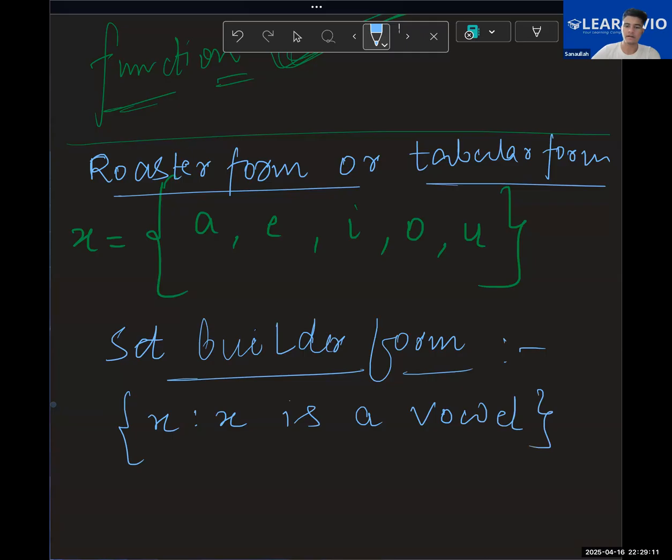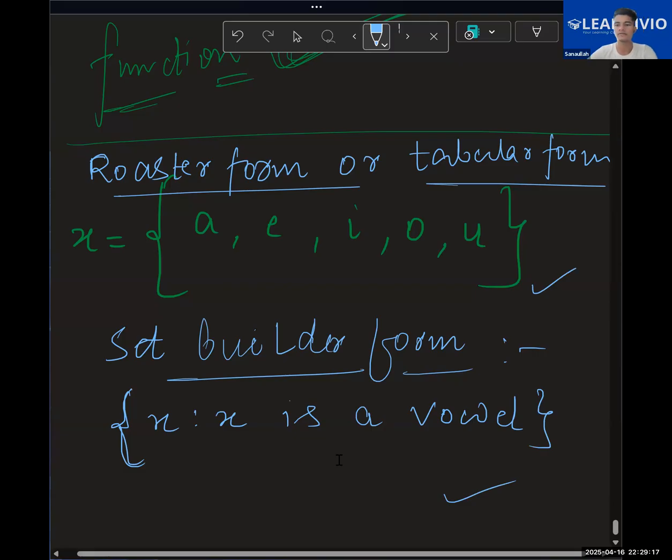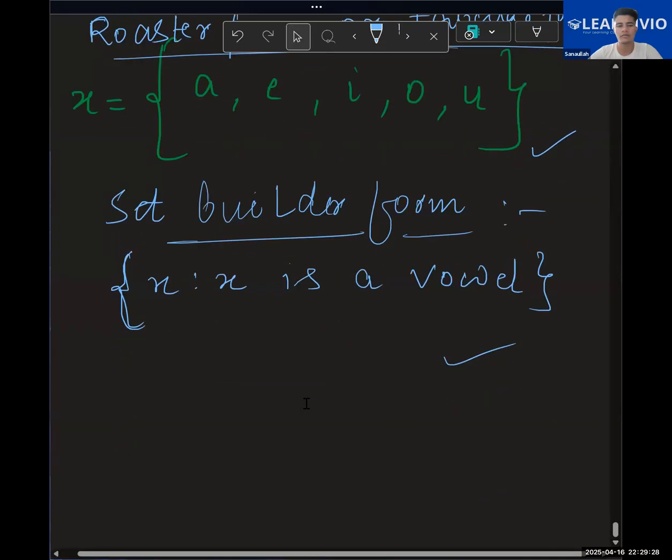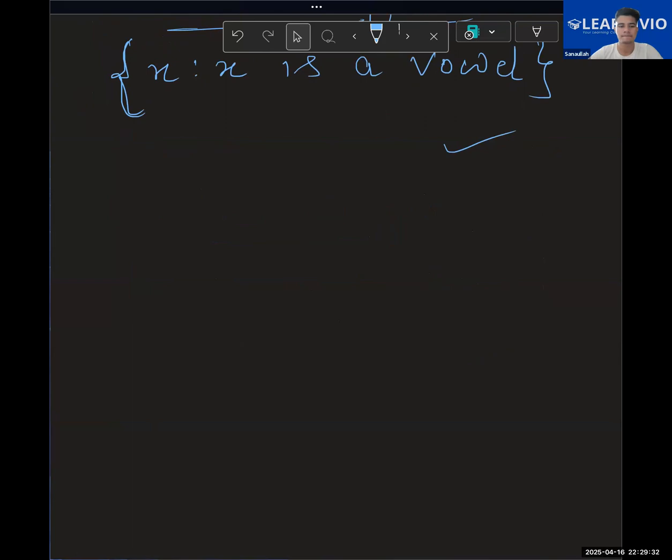So this is set builder form and this is roster form. Understood? Yes, sir. I think this is very easy and you will not have any doubt in it, right? Yes, sir.